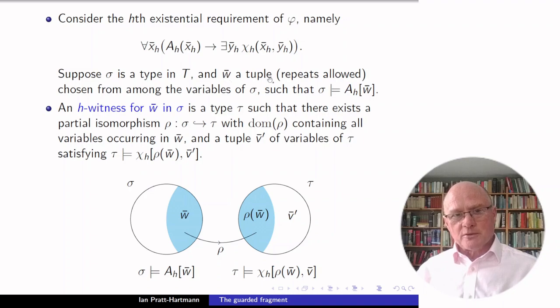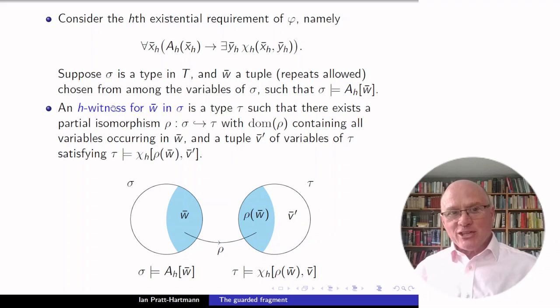Let's suppose sigma is a type in T and W bar a tuple of elements chosen from the variables of sigma, satisfying the atomic formula AH, where AH is the guard of the hth witness requirement.